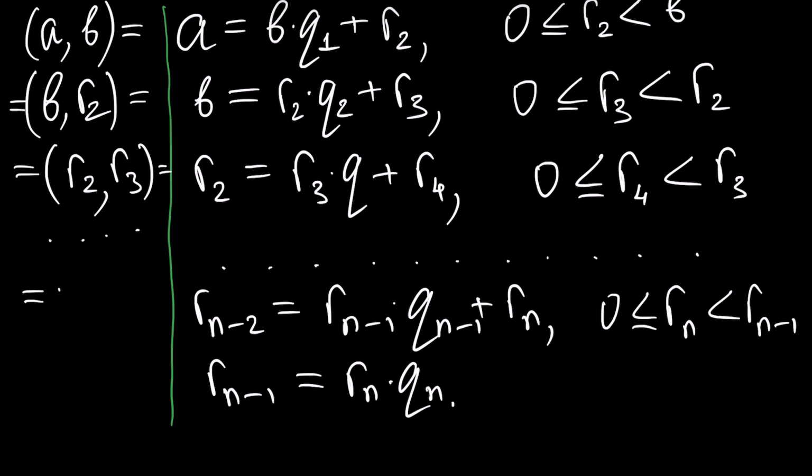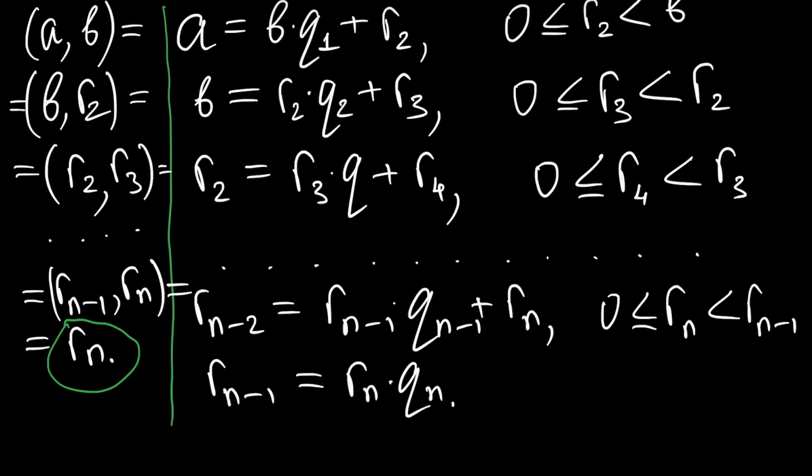And it will be equal to the greatest common divisor of R n minus 1 and Rn, and at last it will coincide with Rn. So this Rn is the final goal. This is the number we were looking for, and this Rn is the greatest common divisor of our A and B.